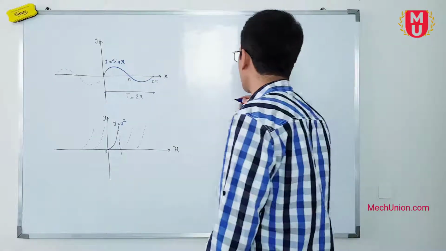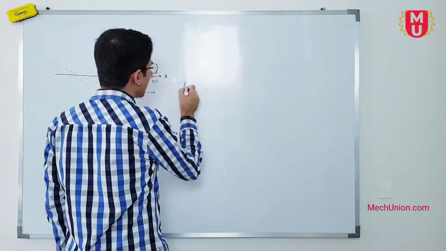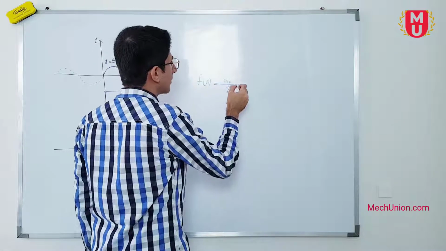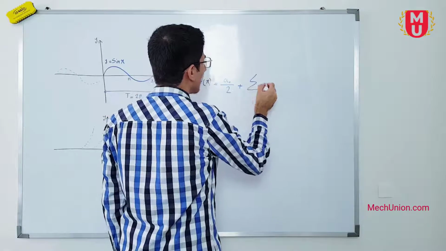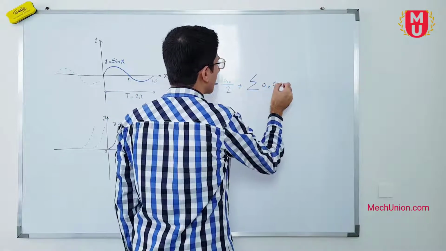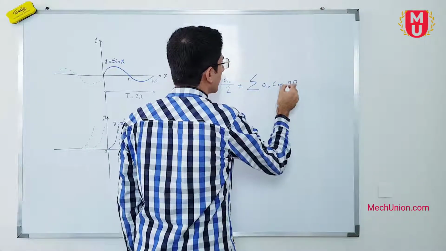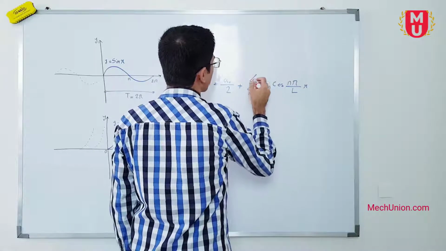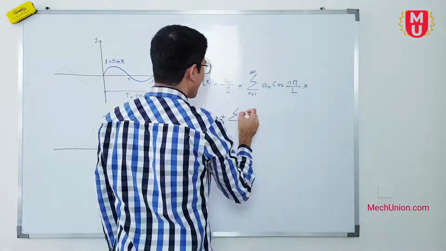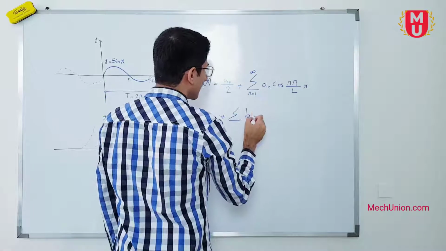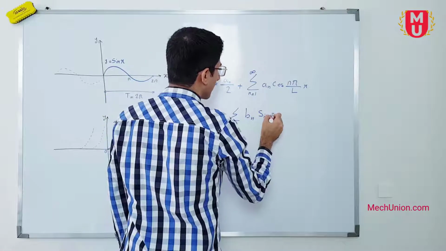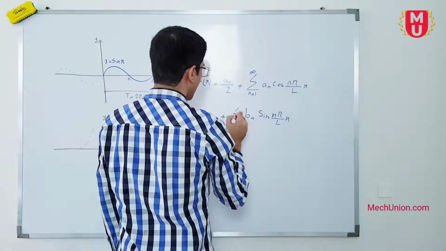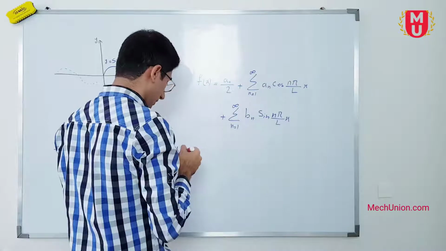Okay, as an example, take a look at this one. f of x equals a naught over 2 plus summation of an cosine n pi over L x from n equals 1 to infinity plus summation of bn sine n pi over L x from n equals 1 to infinity.